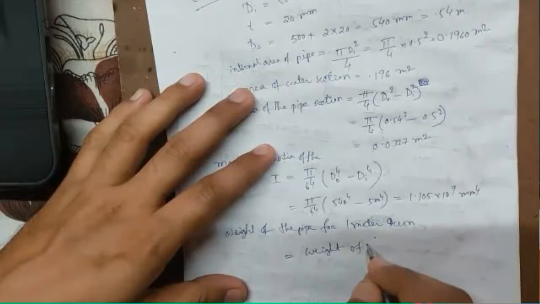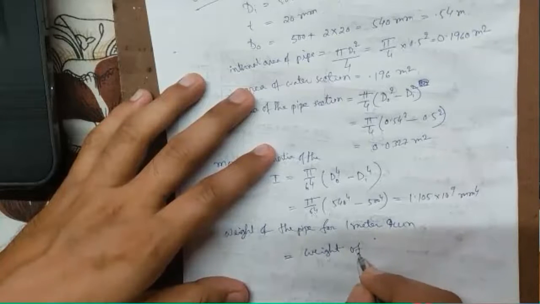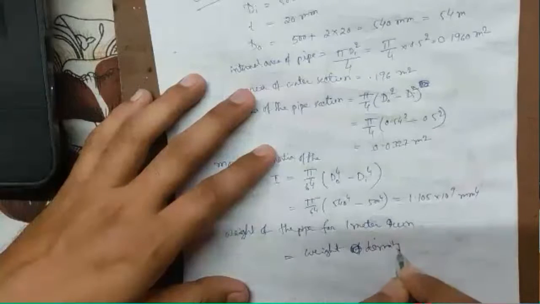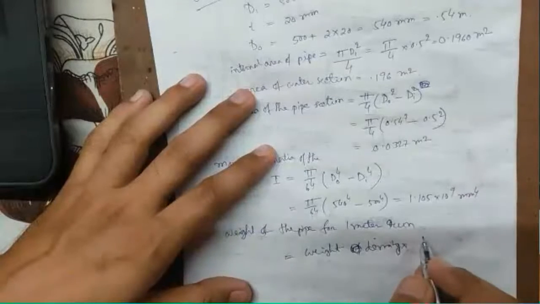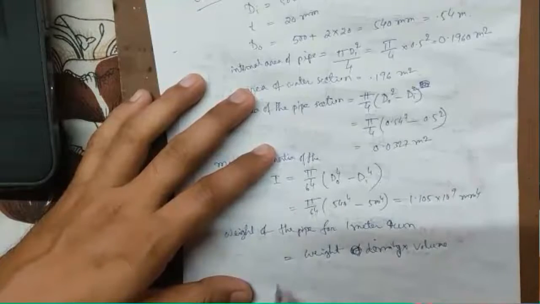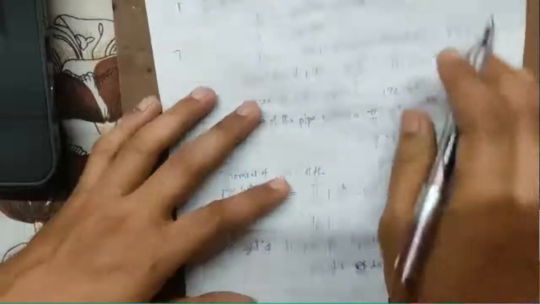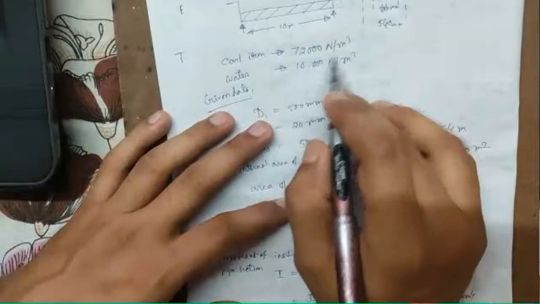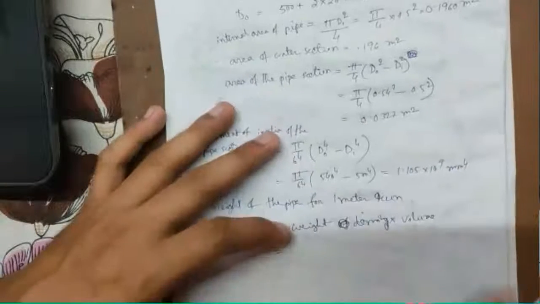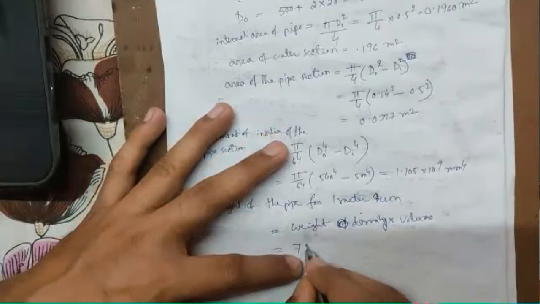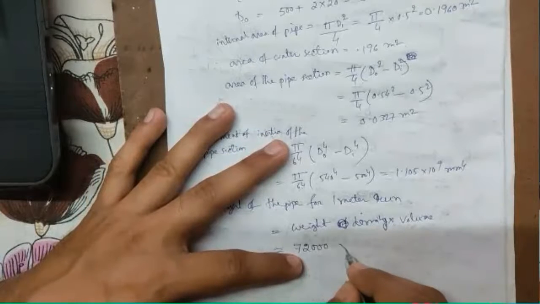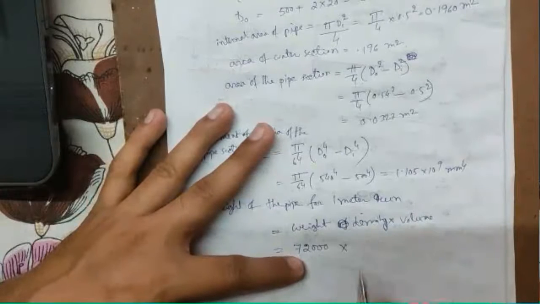That is, weight is weight density into volume, as weight density is given in Newton per meter cube. So per volume 72,000 Newton. So we will write 72,000 Newton into volume of 1 meter.